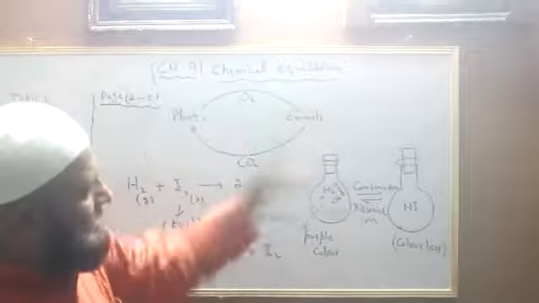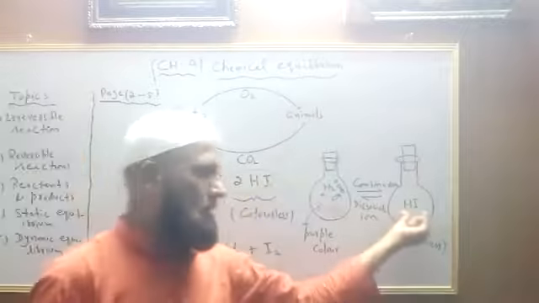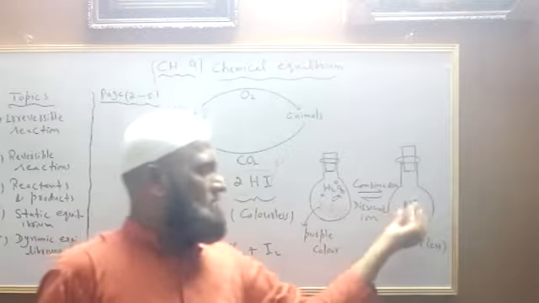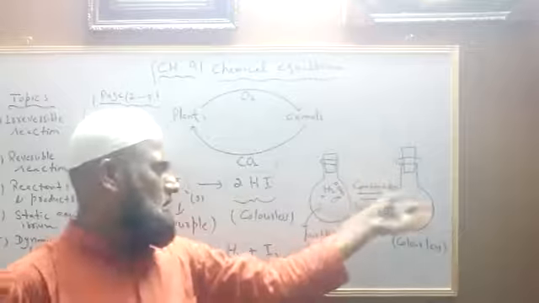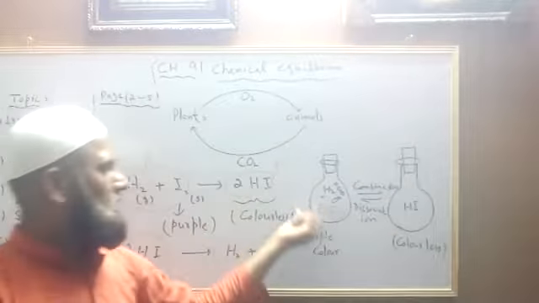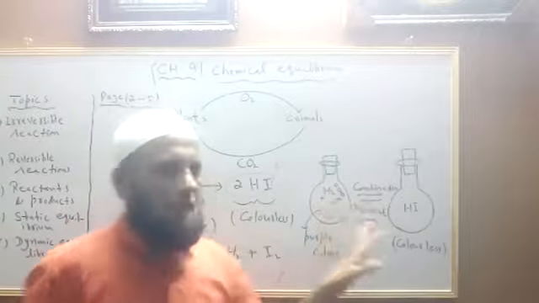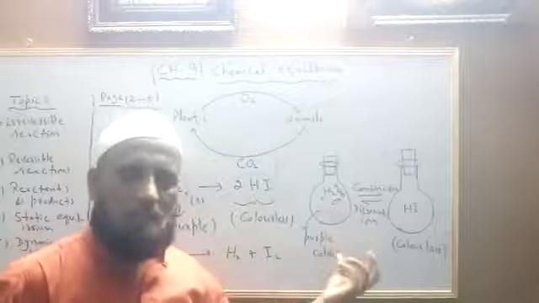In the forward reaction, when hydrogen and iodine combine, they give us hydrogen iodide. And secondly, when we heat this product again, we will get hydrogen and iodine again.